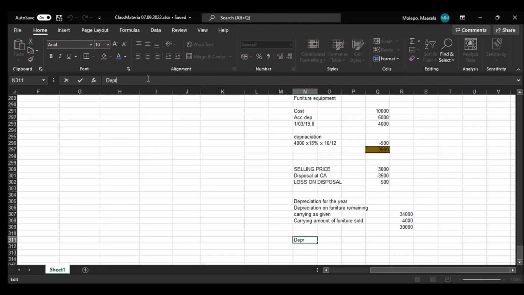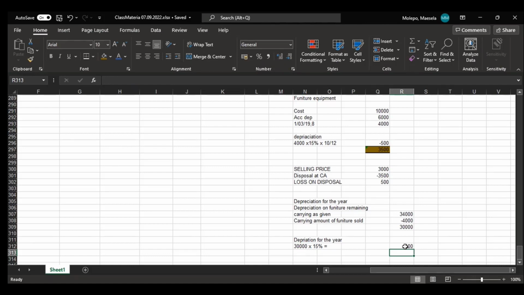So depreciation for the year will be 30,000 multiplied by 5%. It's 4,500, ne?